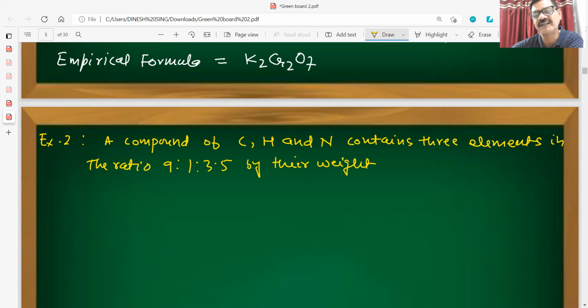This is basically a weight ratio. Calculate the empirical formula.